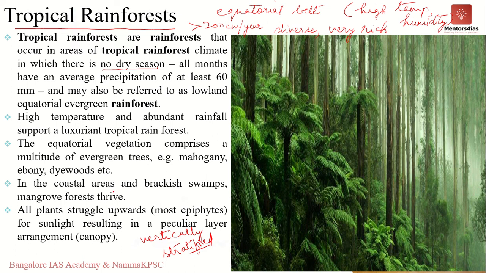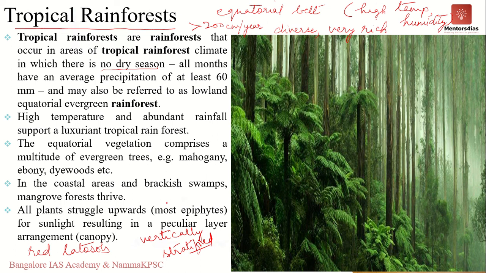The soil of tropical rainforests is red latosols. They are red latosols and they are very, very thick. Now, since you receive very high precipitation, that is very heavy rainfall throughout the year, you also have a very high rate of leaching, which makes the soil virtually useless for agricultural purposes.